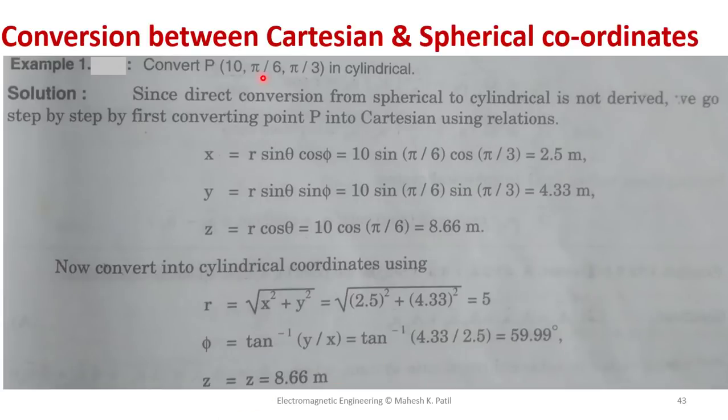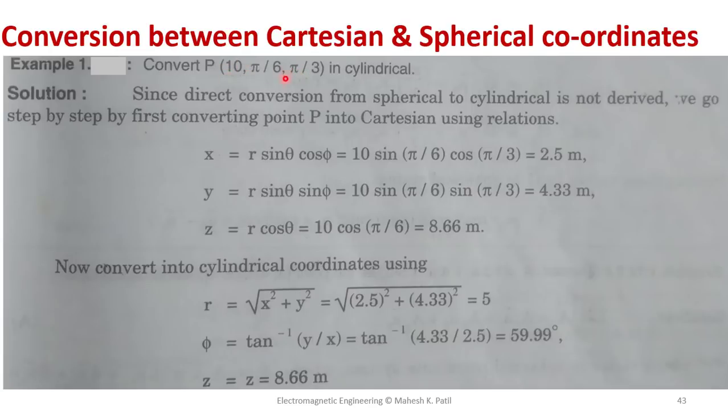Here it is asked to convert point P, which is given in the spherical form as 10 comma pi by 6 comma pi by 3, means r equal to 10, theta equal to pi by 6 and phi equal to pi by 3.